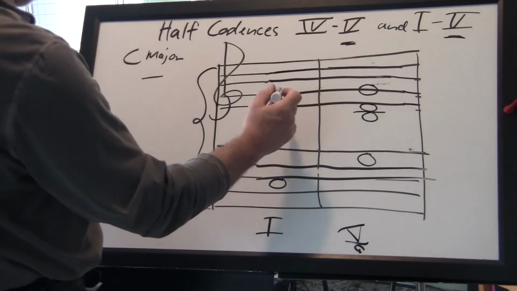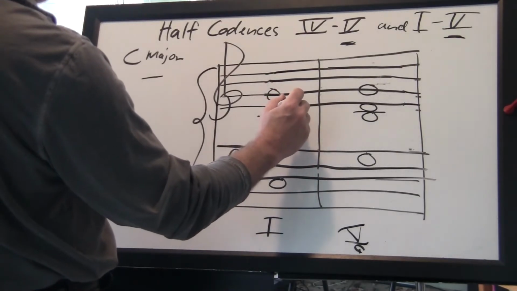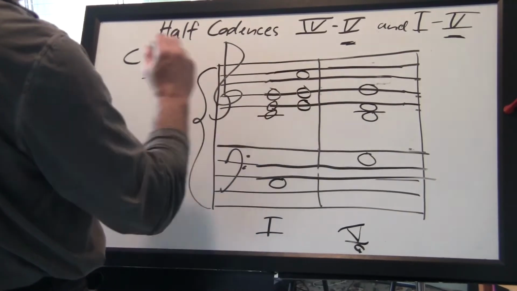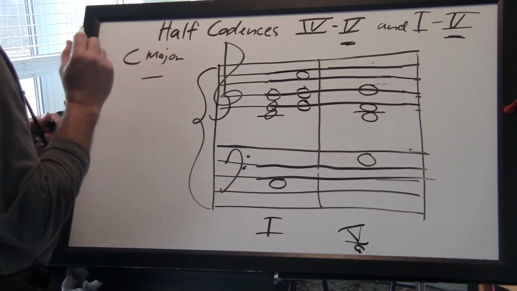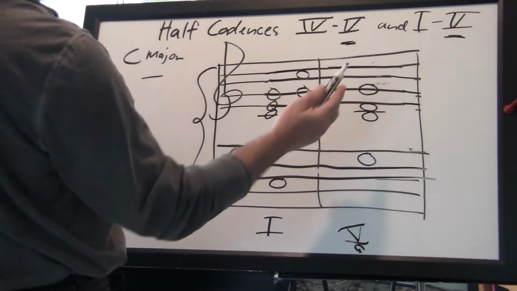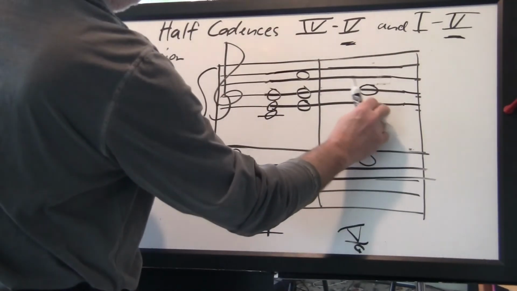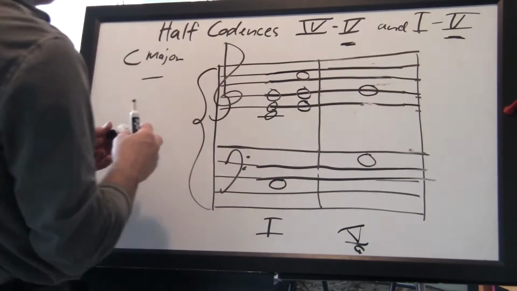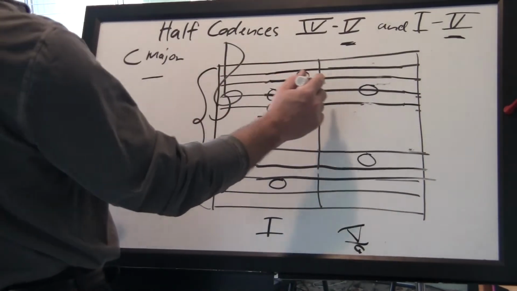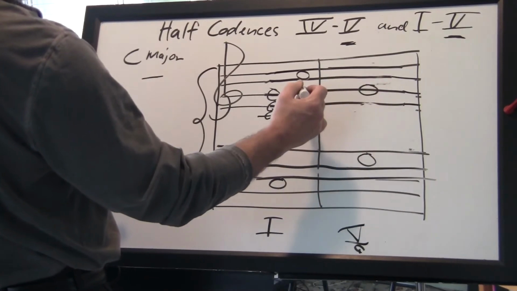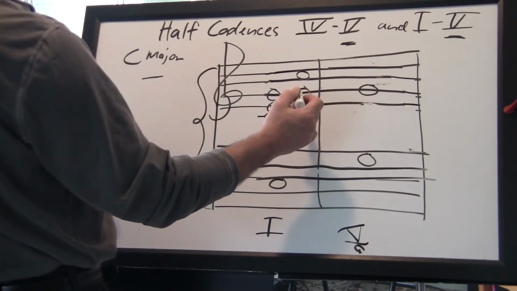So let's just say you were given a C first inversion. Where would that take us? Well, the G is still the same. All right? So we could just erase these for clarity. And so now what are we going to do? The G is still the same. How are we going to make this G be D? Well, it doesn't make much sense.